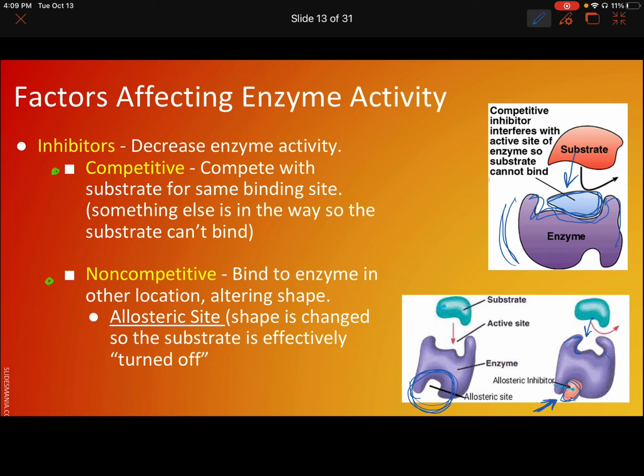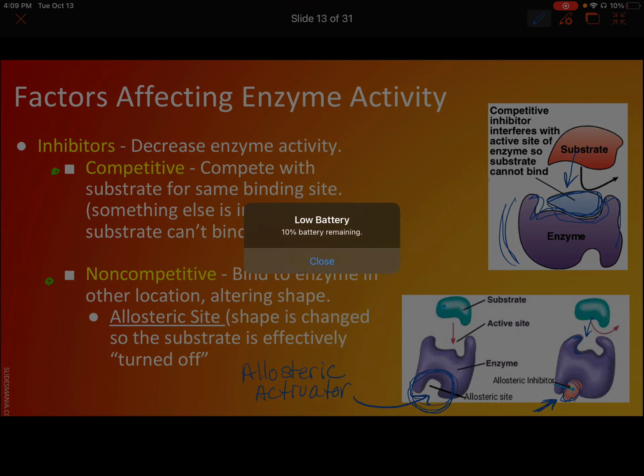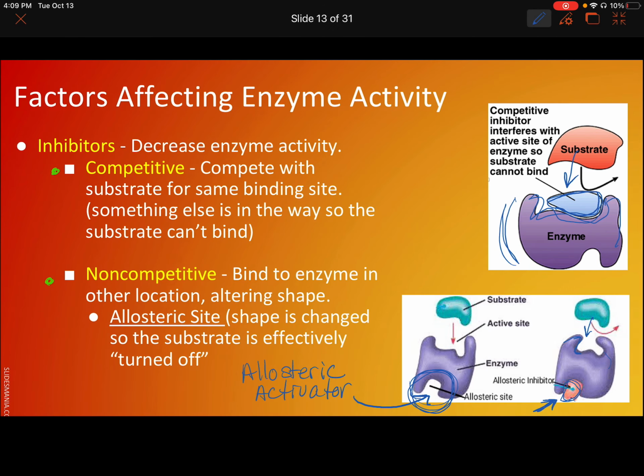This would have been an allosteric inhibitor, but you can also have an allosteric activator. If the activator binds there, it'll keep the enzyme open and available and prevent an inhibitor from binding there. So it's a way to make sure that the enzyme stays open and functional.